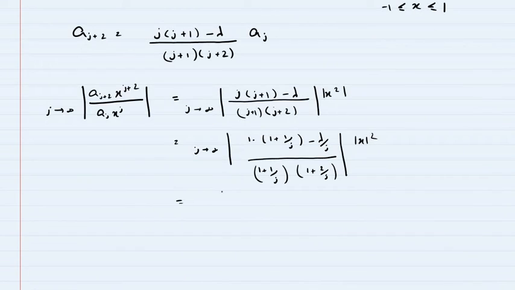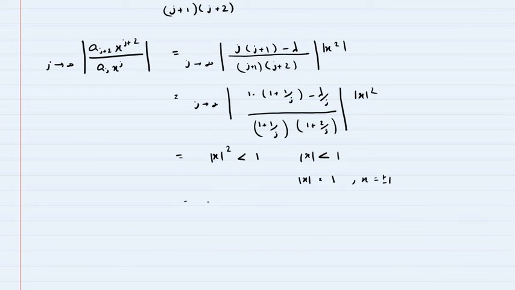So this becomes, since when j goes to infinity the first term becomes just 1, x magnitude squared. When x magnitude is less than 1, this is less than 1. When x magnitude is equal to 1, which means x is equal to plus or minus 1, this is equal to 1.